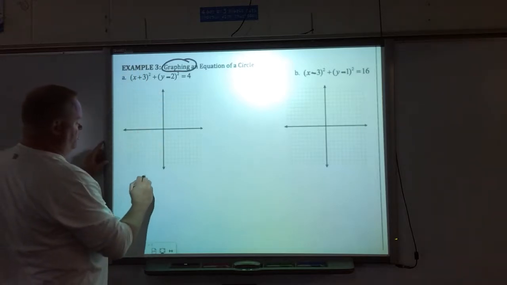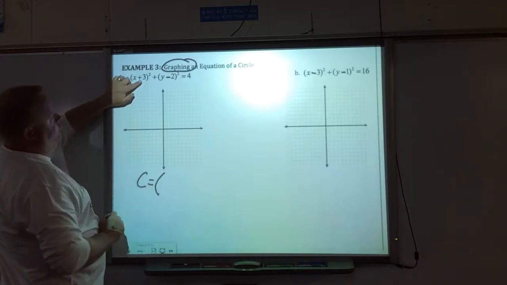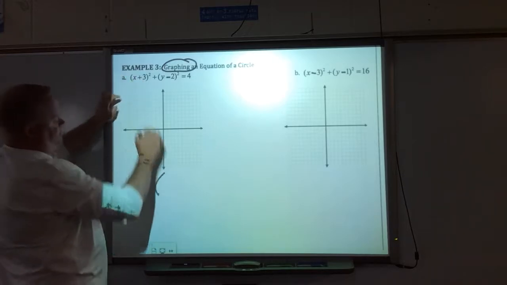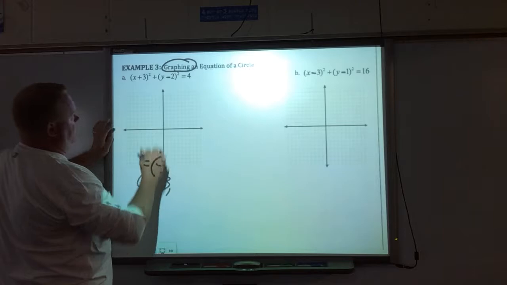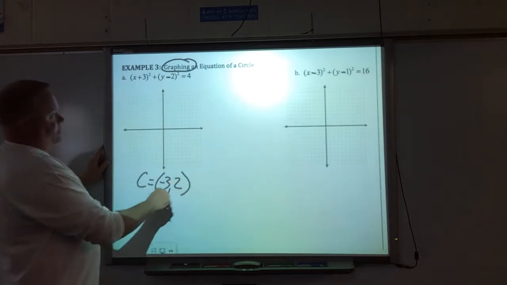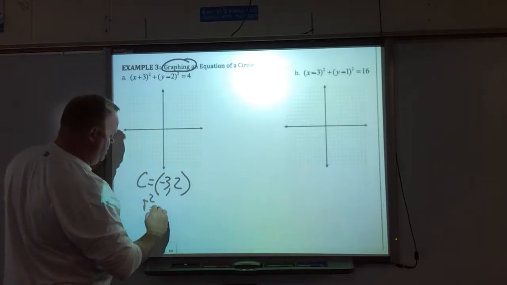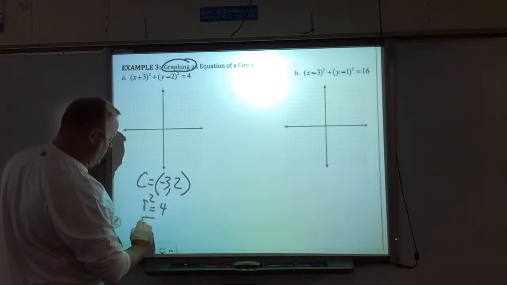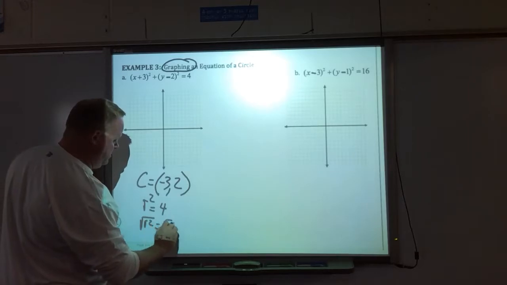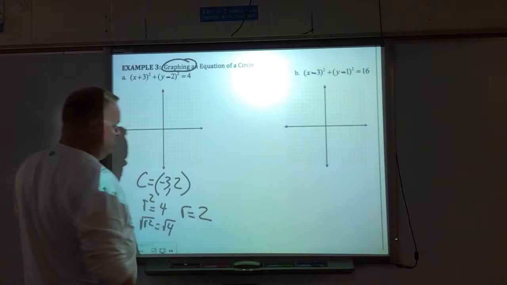My center is going to be at the point 3. Well, it's a positive, so it's negative 3. Negative 2, so my center is negative 3, 2. And my radius, well, radius squared is 4. So take the square root of radius squared, and my radius is going to be 2.